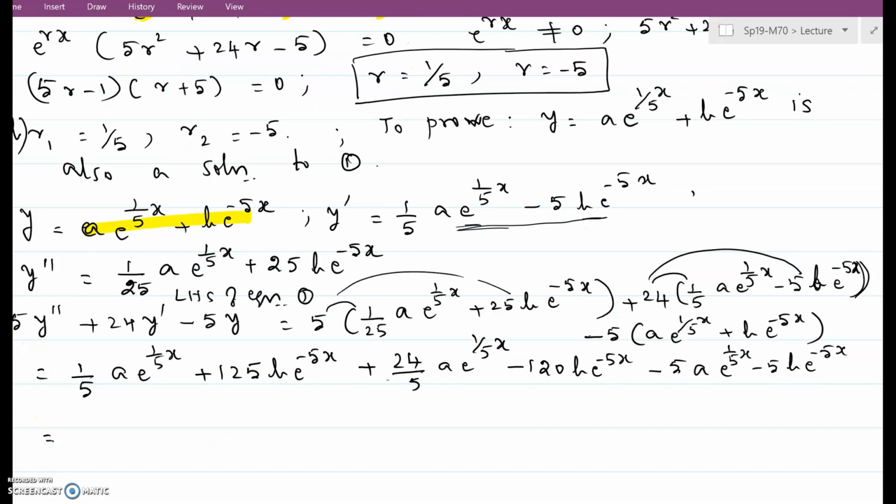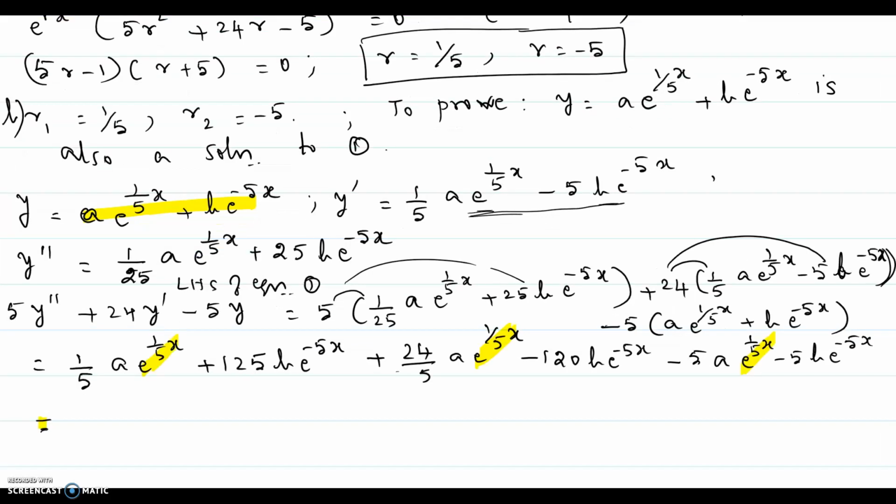So what we will do is collect all the e to the 1 over 5x terms. So it is 1 over 5a, then 24 over 5a, then minus 5a.